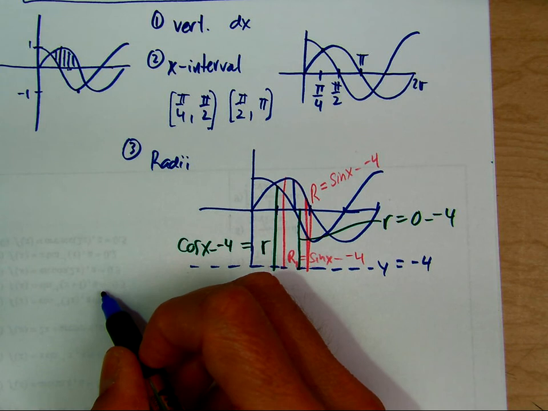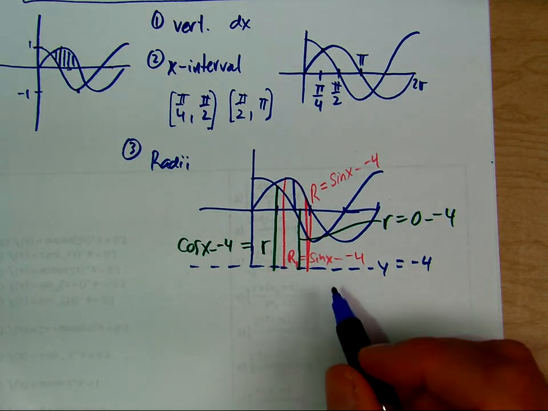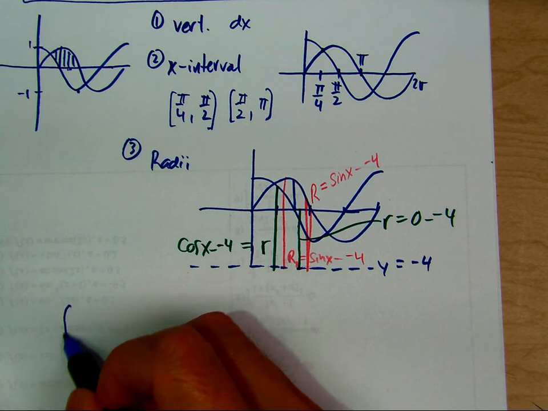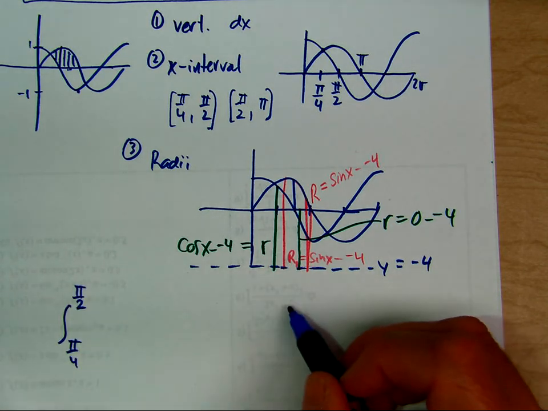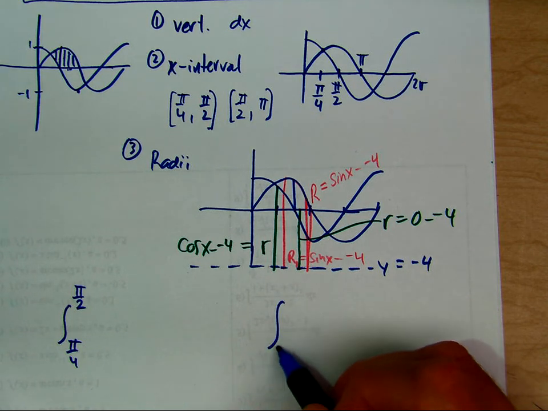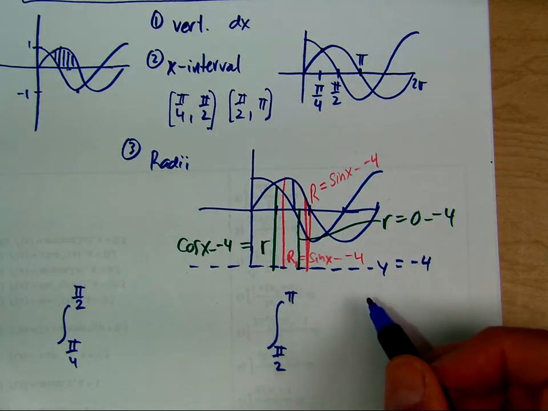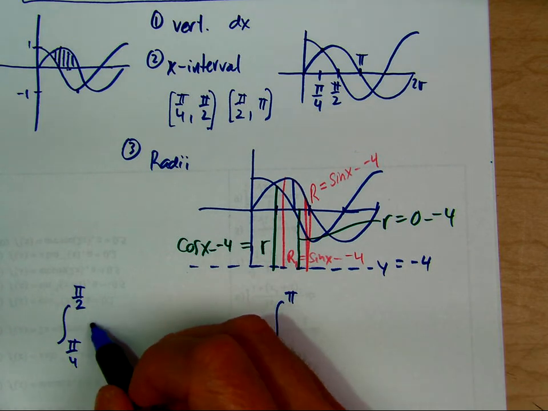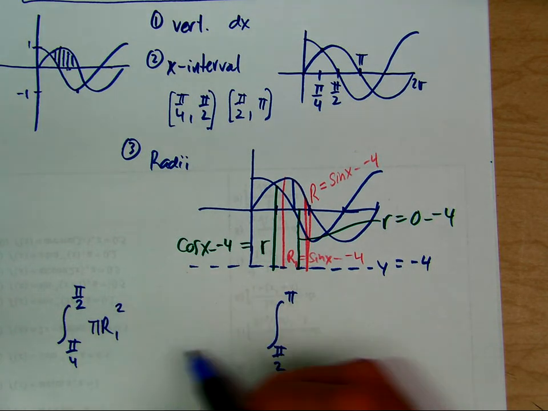Alright, and then let's just put all the steps together. We'll have two integrals. One goes from pi over 4 to pi over 2, and the other one is from pi over 2 to pi. We need to have pi big R1 squared.